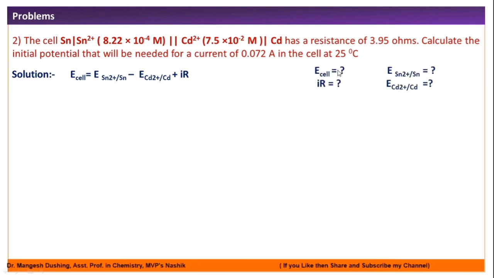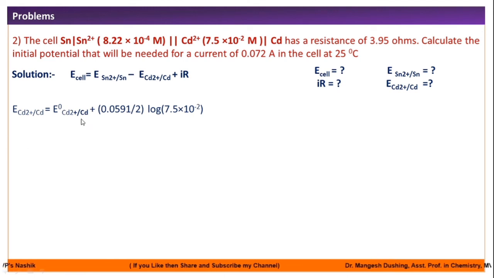So we have to calculate the electrode potential for the tin, the electrode potential for the cadmium, and the IR drop. The electrode potential for the cadmium is equal to the standard electrode potential of cadmium plus 0.0591 divided by 2.